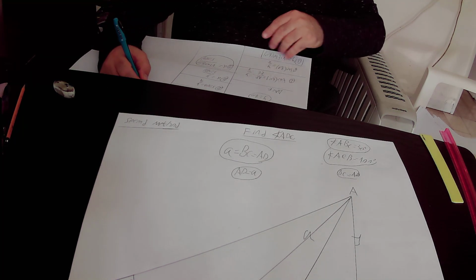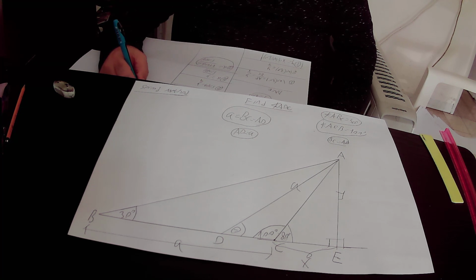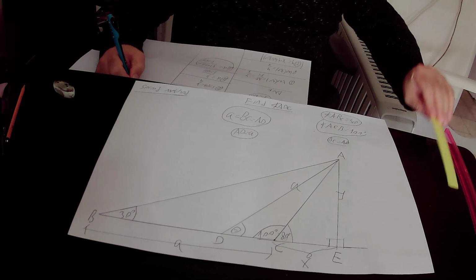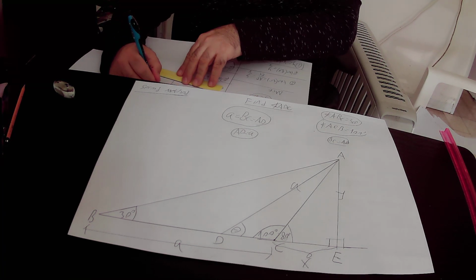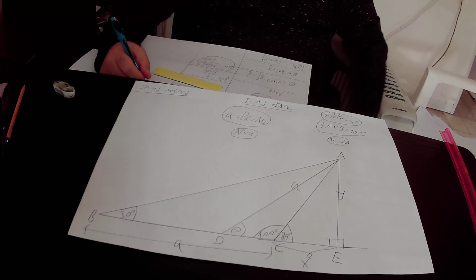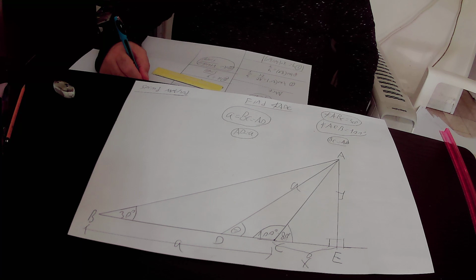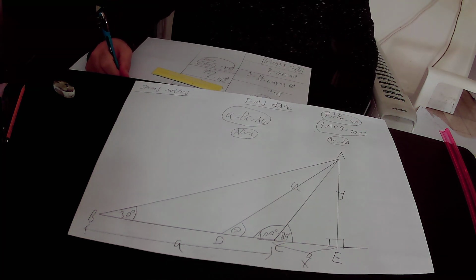In the next step, we will focus on the right triangle ABE. On the right triangle ABE, tangent 30 degrees equals AE over BE.